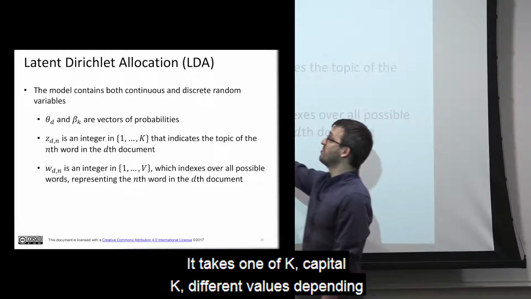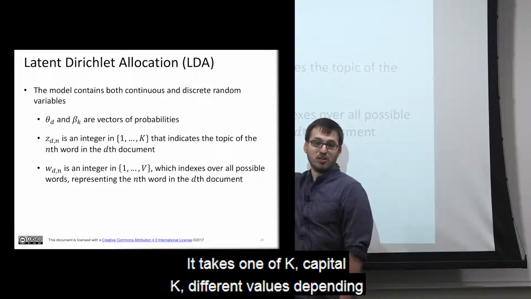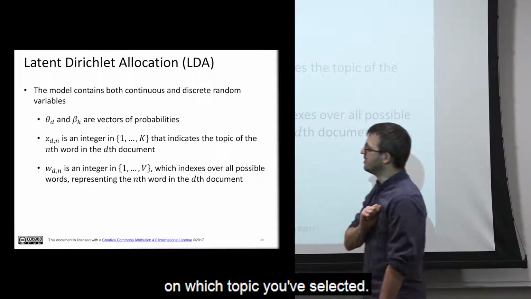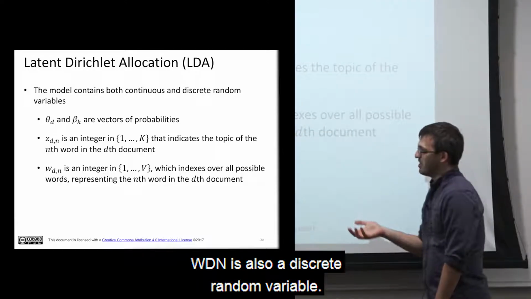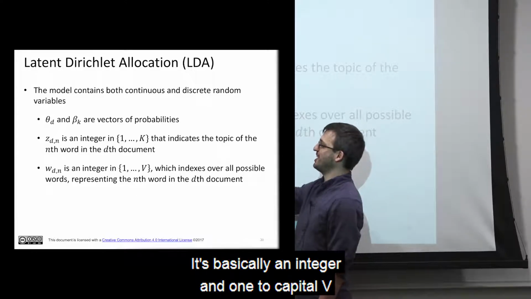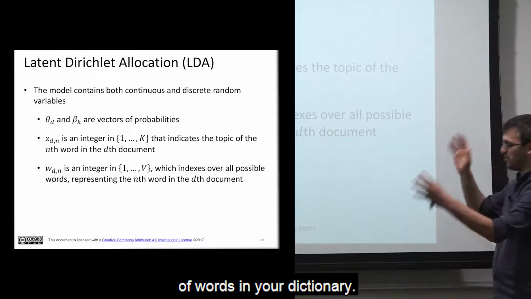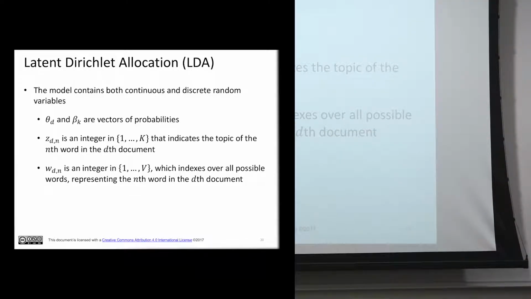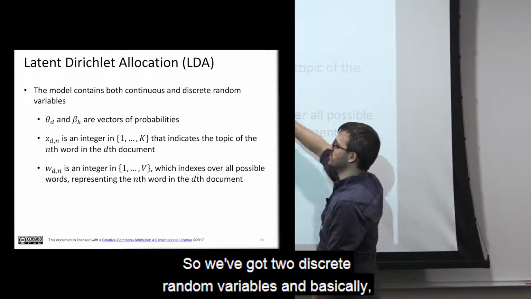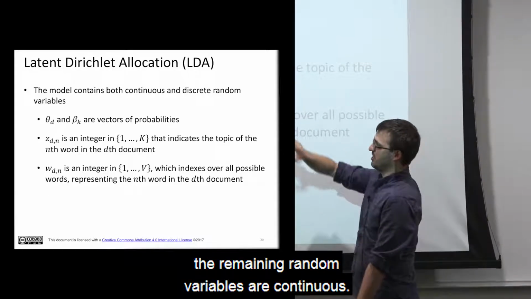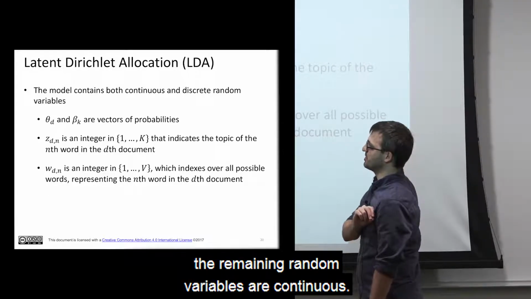It takes one of capital K different values, depending on which topic you've selected. W_dn is also a discrete random variable. It's basically an integer from 1 to capital V, where capital V is the total number of words in your dictionary. So we've got 2 discrete random variables, and basically the remaining random variables are continuous.